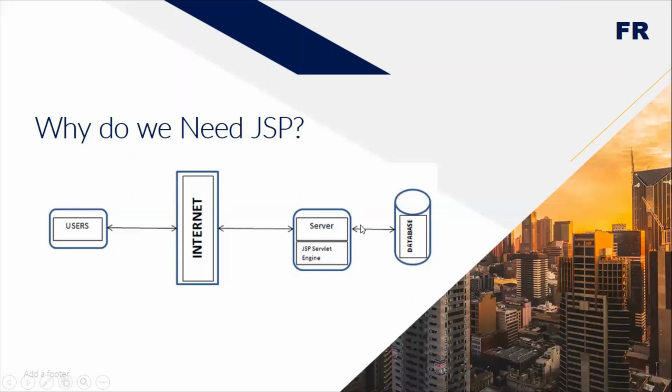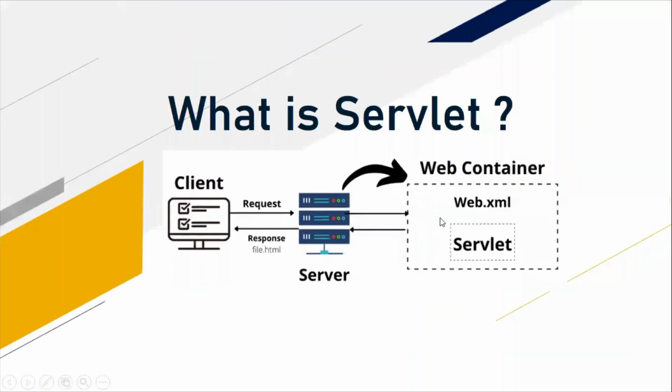Then it is converted into a servlet, and then the engine converts the servlet into an executable class. So this is the diagrammatic explanation of the JSP. Then let's move to another slide.